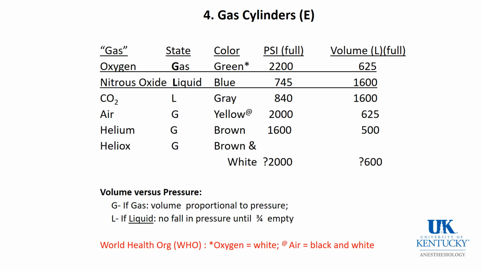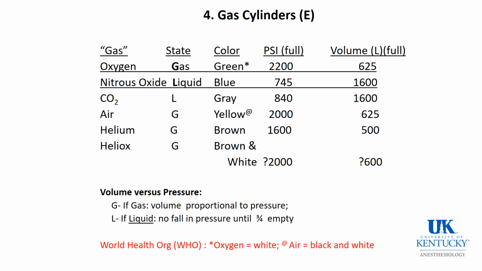Now, another key word is cylinder, E-cylinders and what's in them. I've listed on this table CO2, air, helium, and heliox, but the only ones for our cylinders that you need to be concerned about is oxygen and nitrous oxide.